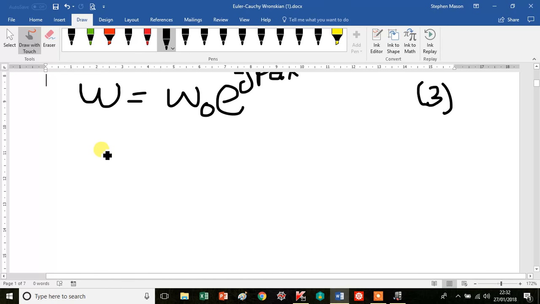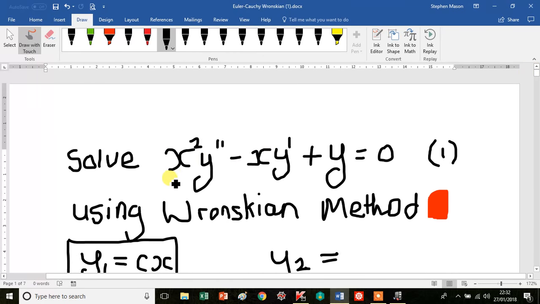So actually, if we divide equation 1 by x squared, that's this term here, we get a coefficient of 1 in front of the y double prime, and that's really what we want. Even if this were 2 or 5 or 77, it doesn't matter what it was, we would want to divide by whatever this term is here to get a coefficient of 1 in front of the y double prime.